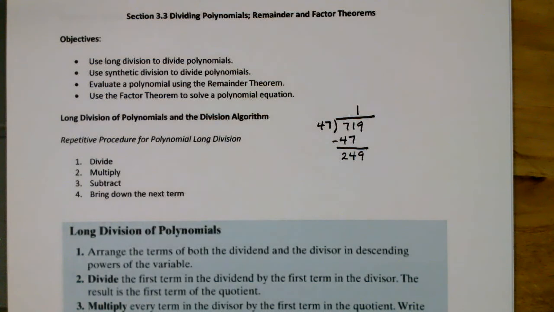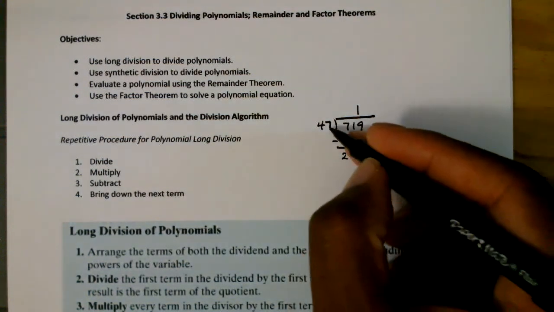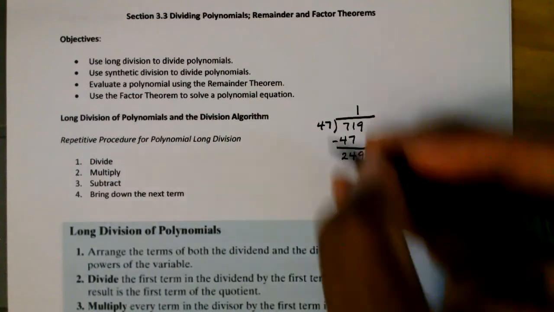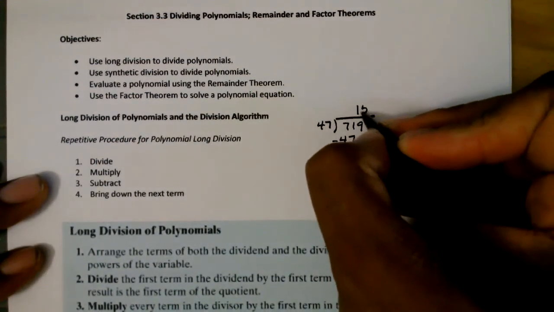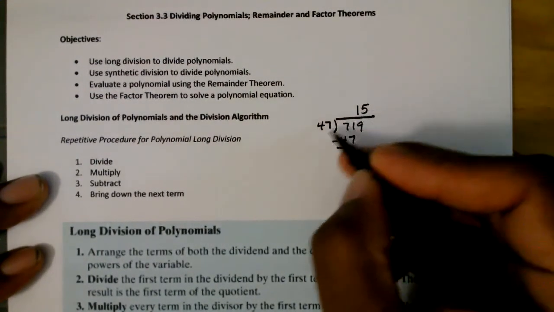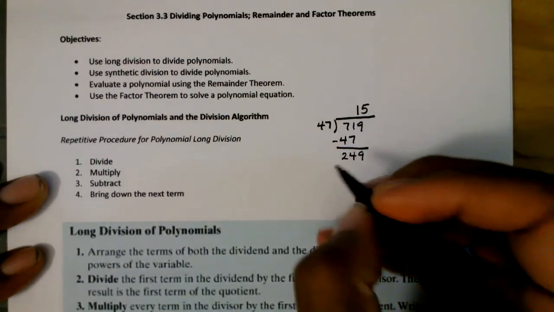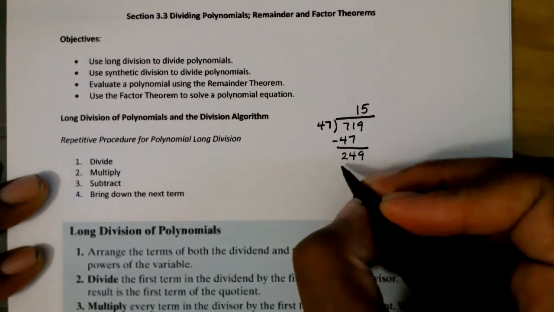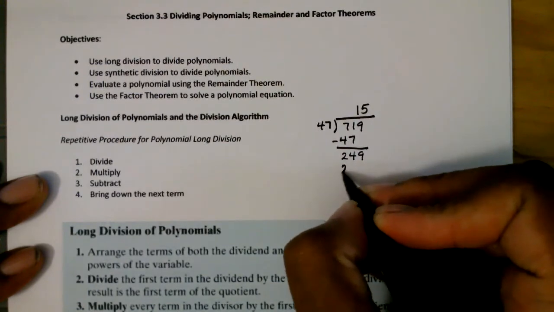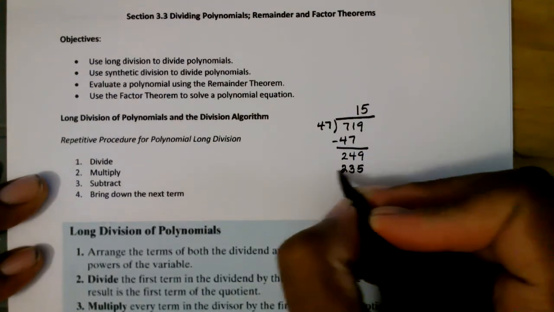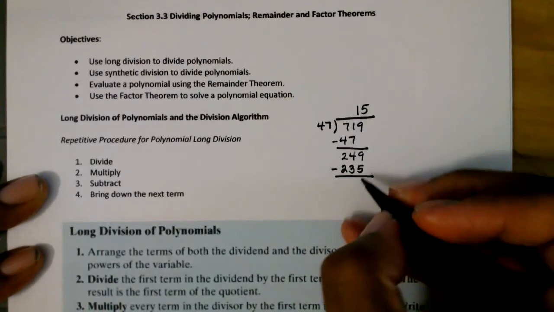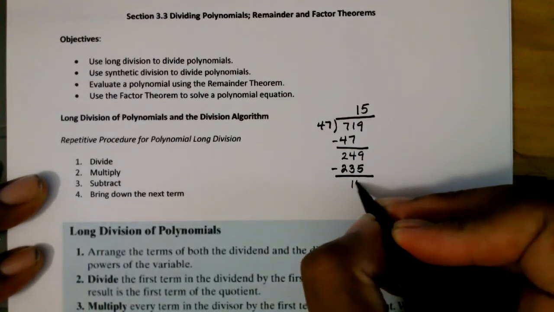And we continue that process until we're not able to divide, or if the remainder is less than your divisor. So here, 47 into 249 would go, in this case, 5 times. And then 5 times 47 will be 235. And then finally subtract 235 from 249, you'll get 14.